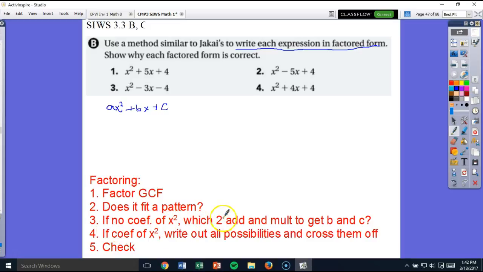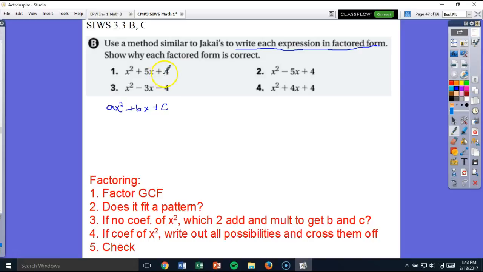So we need to find factors of 4 that when multiplied together become 4, and when added together would become 5 here, because our number is positive here. We know that when this number is positive, both of the signs are going to be the same for our B term.